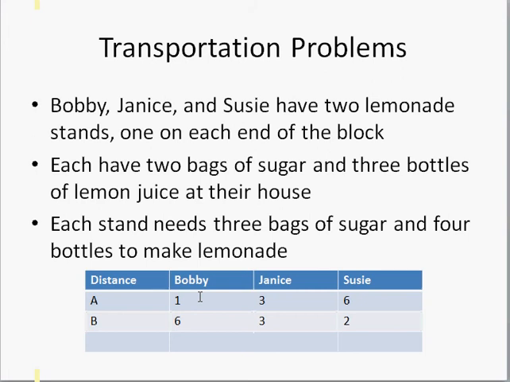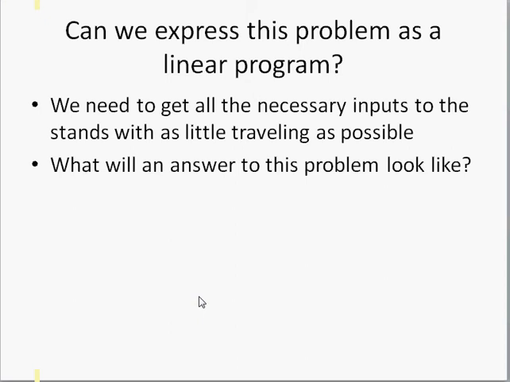So in our pizza metal slug case, our choice was how much pizza and how much metal slug. In this case, we have how much sugar from Bobby is going to A, how much lemon juice from Bobby is going to A, how much sugar from Janice is going to A, how much lemon juice from Janice is going to A. So this is actually a much bigger problem if we think about all of the necessary inputs.